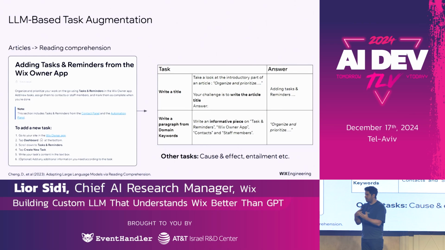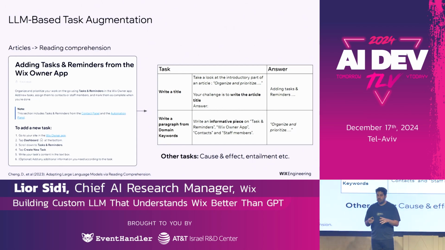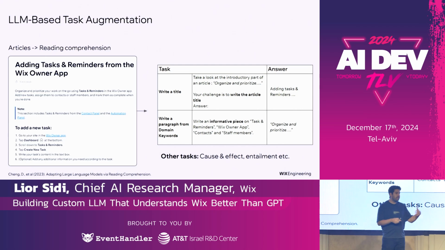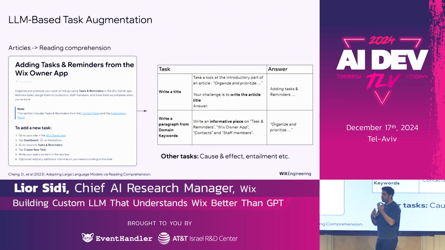In this case, the model can learn how to extract titles, summaries, etc. Another task, which is shown to be the most beneficial one, is to choose a paragraph that contains a lot of domain-specific wording, and ask the LLM, given these phrases, please generate a paragraph. In this case, we allow the model to learn the relation between terms in our domain and generate meaningful text out of it.